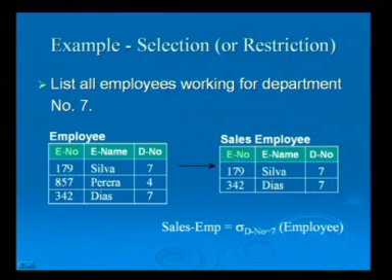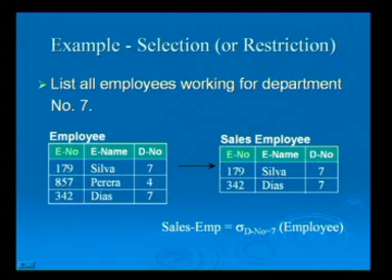For example, if you had another attribute here, let us say salary, and you wanted to retrieve the employees who are working for department number 7 and also those who are getting more than 20,000 rupees, then there are two conditions here.